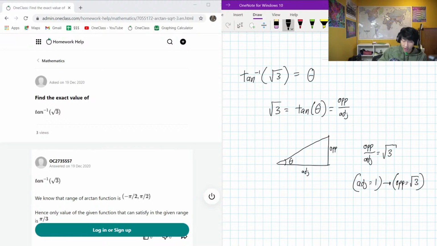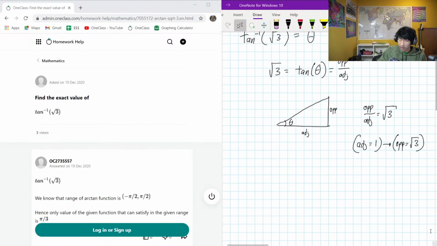Okay, so given this, there's not really a great easy way to calculate this.